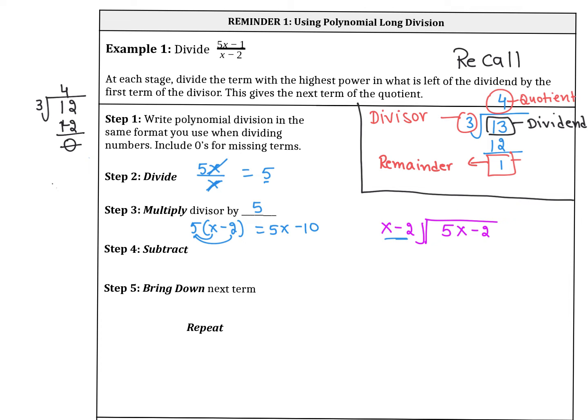So you multiply this 5 times x minus 2, and what you get is right underneath, 5x minus 10. Write it underneath, and then you're going to subtract. In order to subtract, you're going to change the sign.